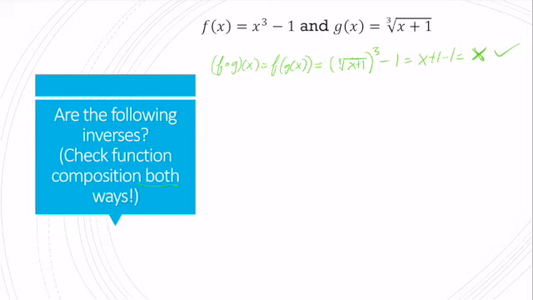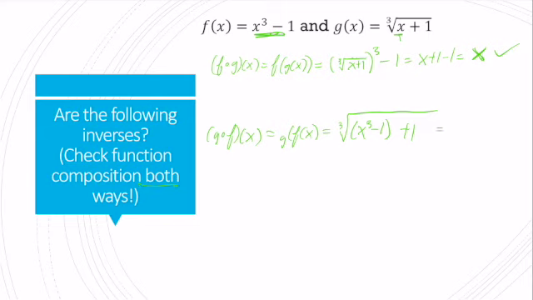So I'm going to take g composed with f of x. That's g of f of x. And now I'm going to substitute in f of x for x in g. So I have the cube root of x cubed minus 1 plus 1.